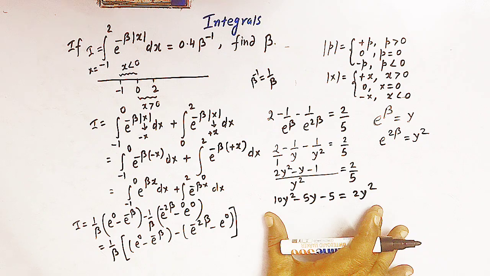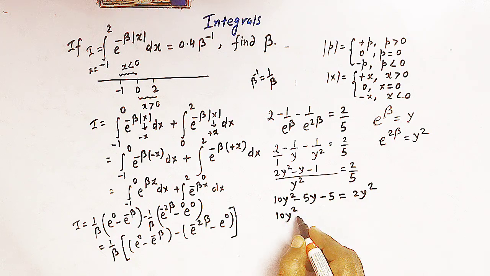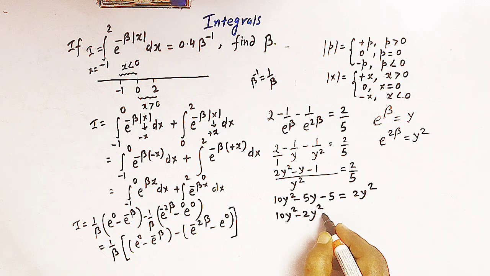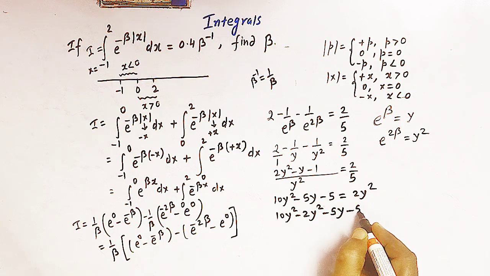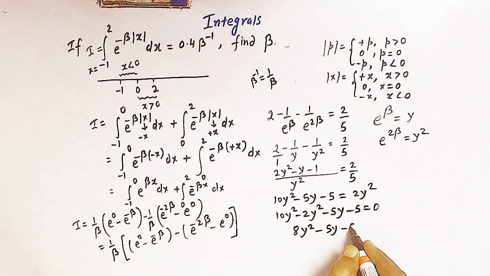So solving this quadratic equation, we have 10y square minus 2y square minus 5y minus 5 is equal to 0. So this is 8y square minus 5y minus 5 is equal to 0.